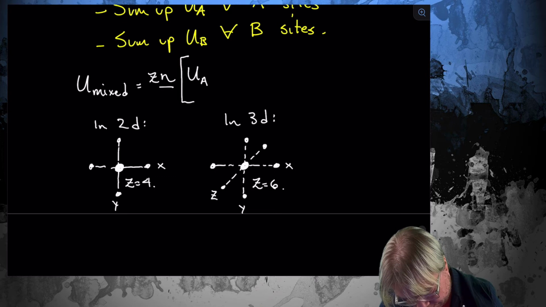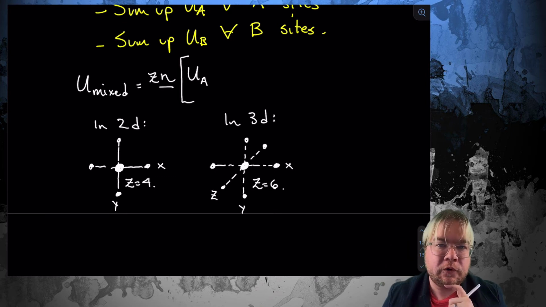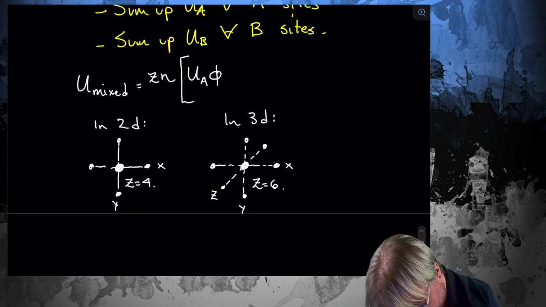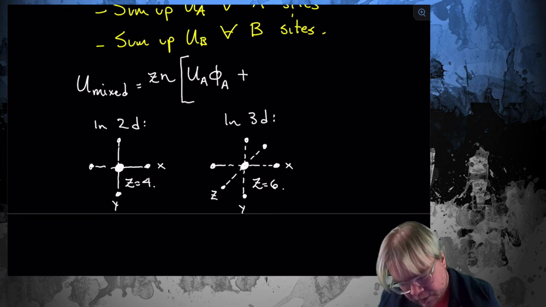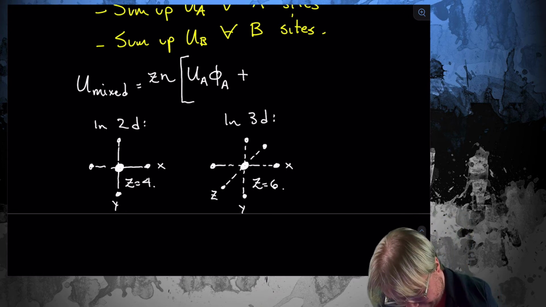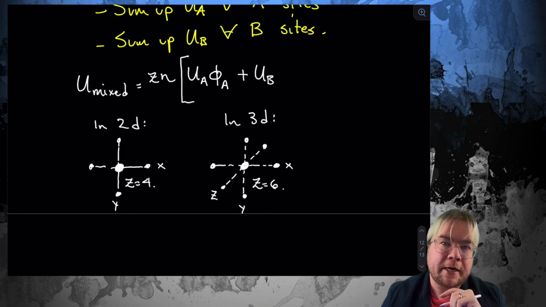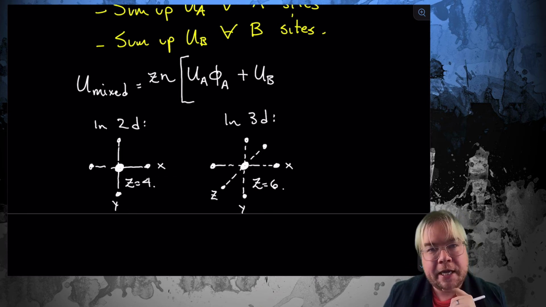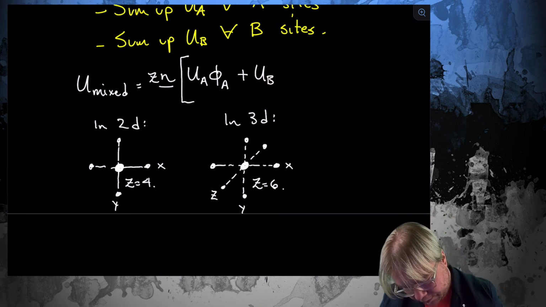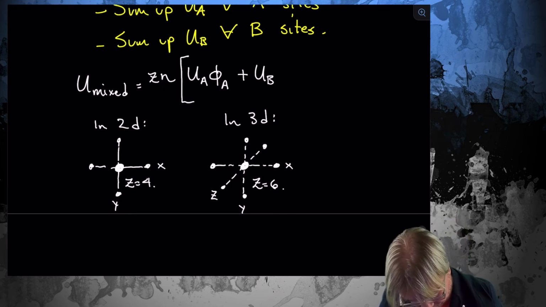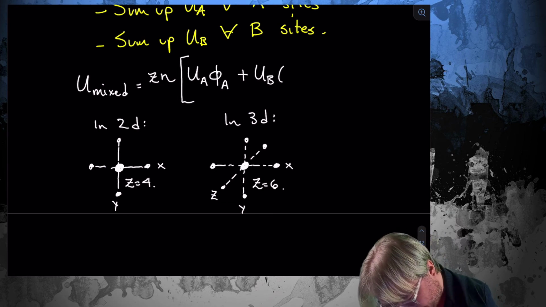Well, little n times the volume fraction will give me the number of A lattice sites, so this will be multiplied by phi A. And then I have to sum up the B lattice sites. So I have UB, the interaction energy for one B lattice site with another lattice site. And then how many B sites do I have? I've got the total number of lattice sites multiplied by the volume fraction of the B particles. That will give me the number of B lattice sites, so this will be multiplied by phi B, which is the same thing as 1 minus phi A.